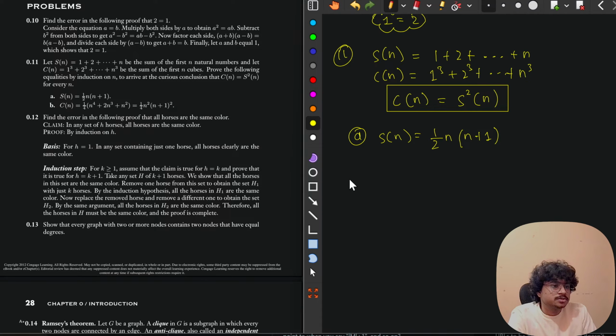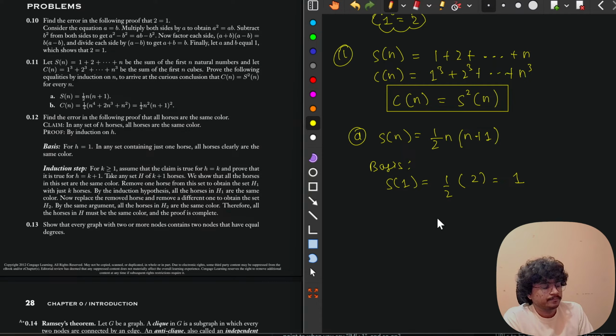When I'm talking about induction, I'll just take the first basis step, like S(1) that is equal to 1 by 2, 1 plus 1, 2, and it is equal to 1. So S(1) is equal to 1. Now, hypothesis.